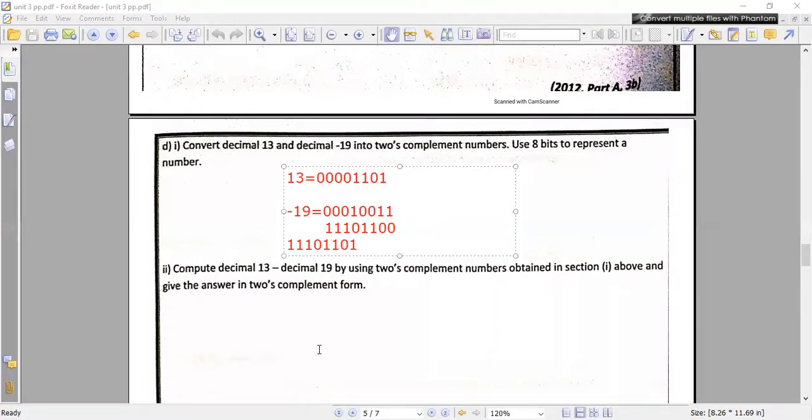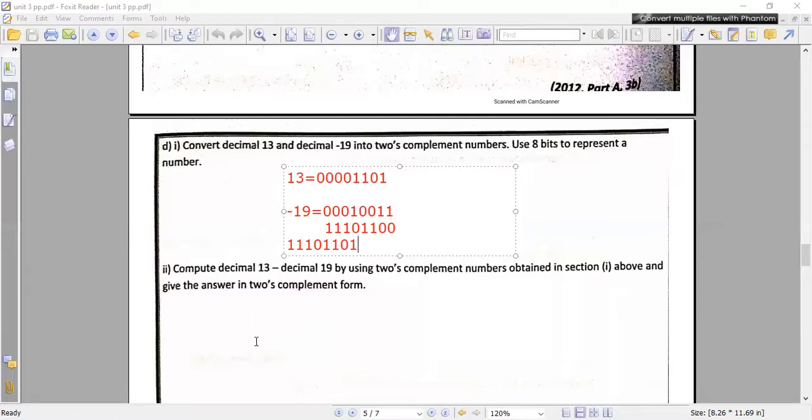Then compute decimal 13 minus decimal 19 by using 2's complement. So even this, you have to subtract. What you can do is add them together. So 13 plus minus 19.